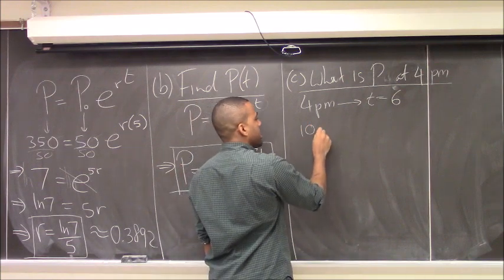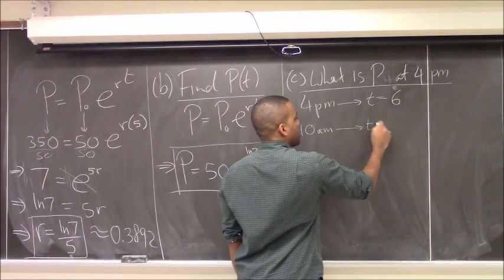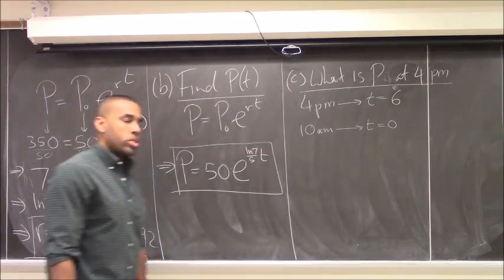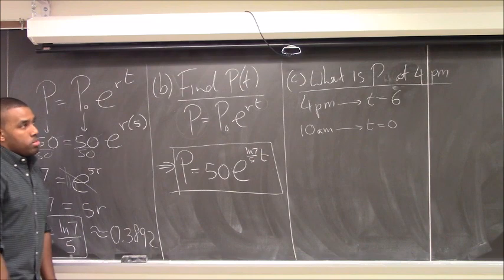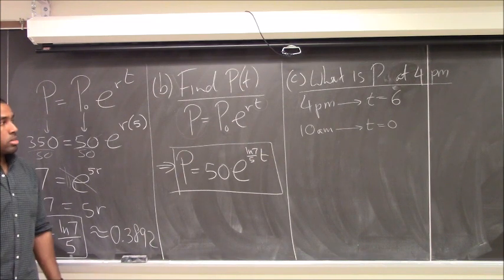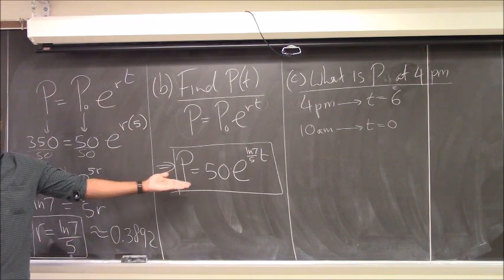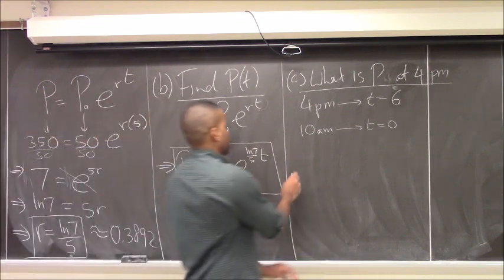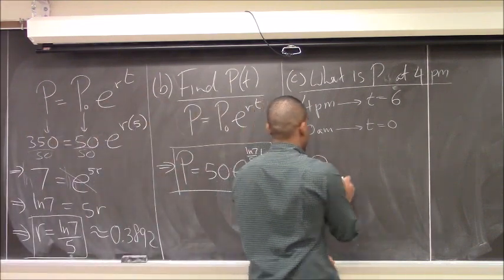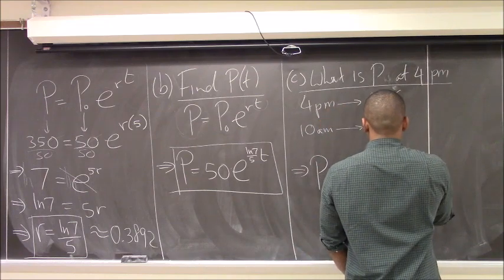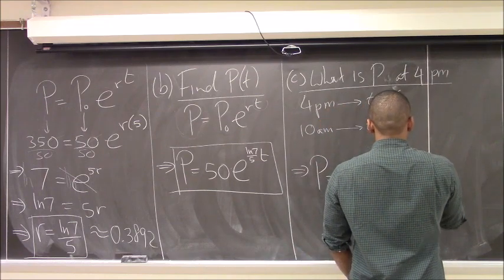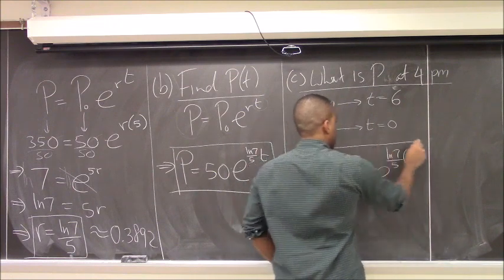Because they told us the beginning was 10 a.m. That's when t was 0. We're measuring time in hours, and so that's 6 hours later. So basically, we want P when time is 6. And we simply go to this formula and plug in the time. And that's the answer.